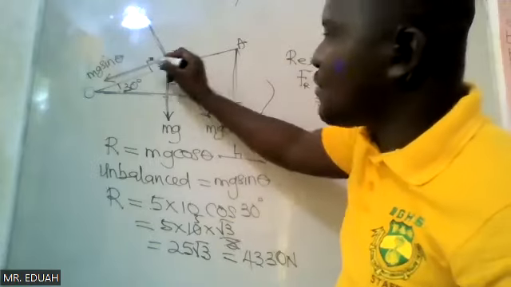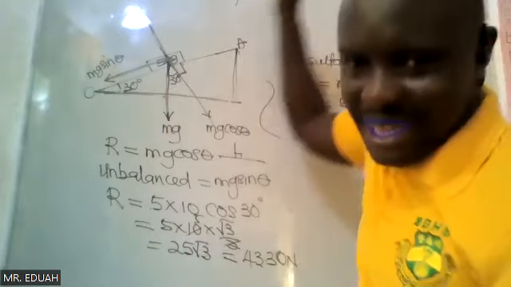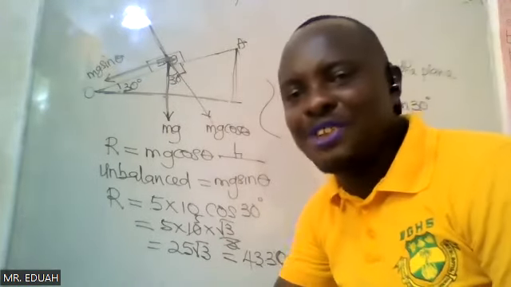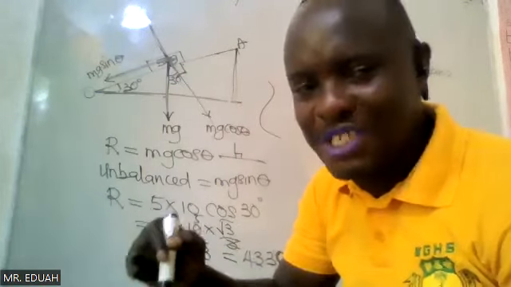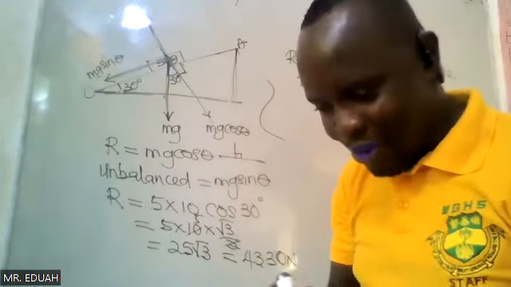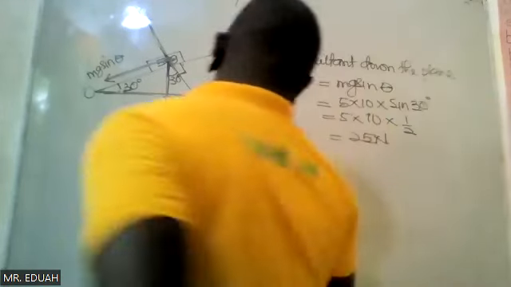So while the resultant force is mg sin theta, which is acting down the plane, then the acceleration would also follow the direction of the resultant force. Priscilla and Lizzie, are you okay? Yes, please.